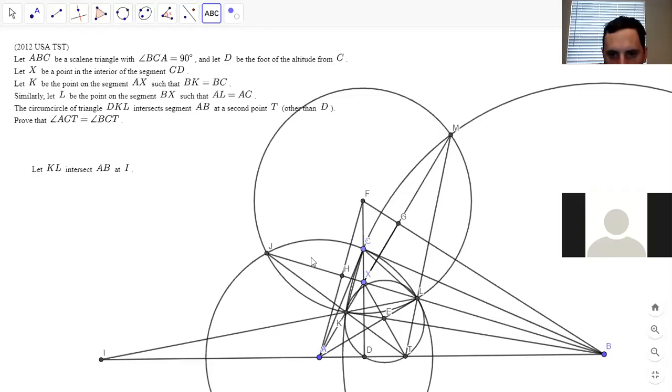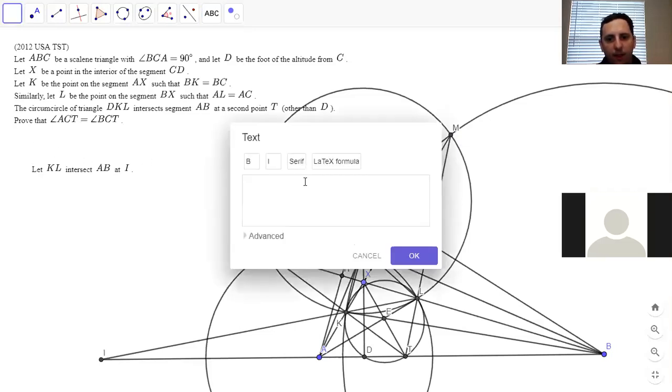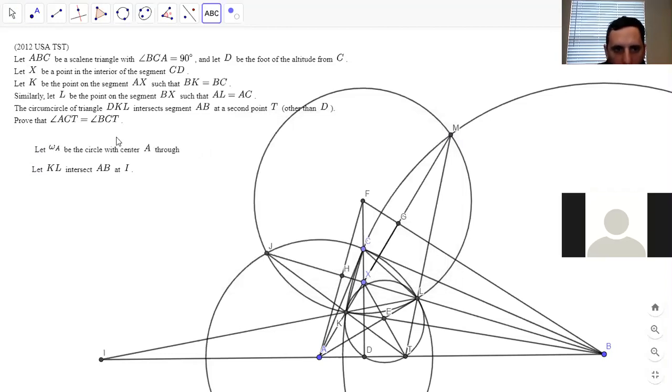How did we define this M? Okay, I'll just say let omega A be the circle with center A through C and L.